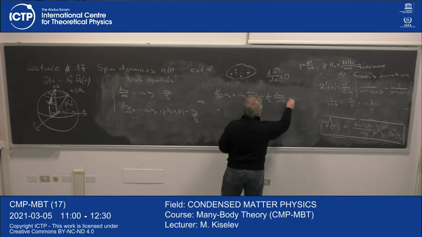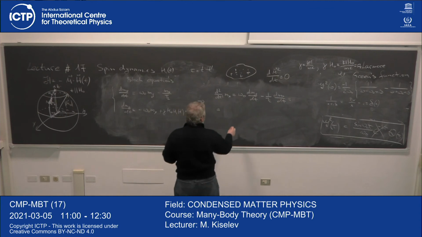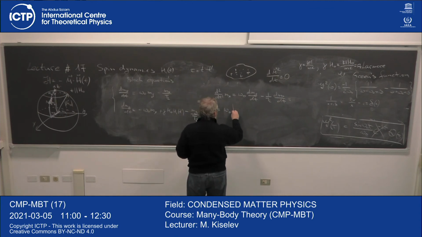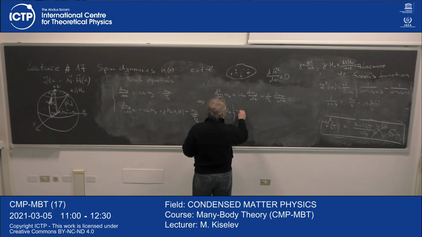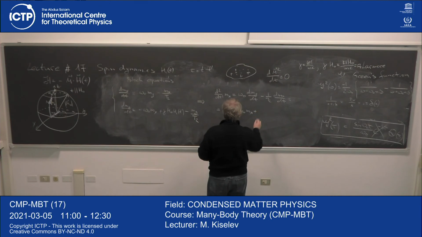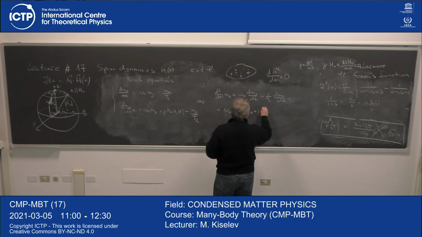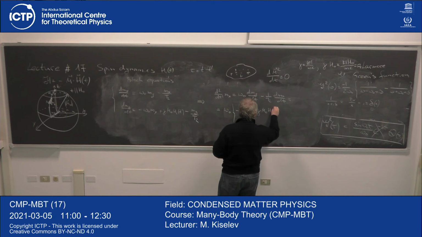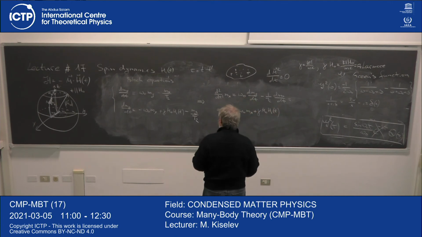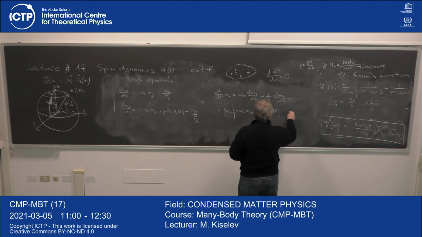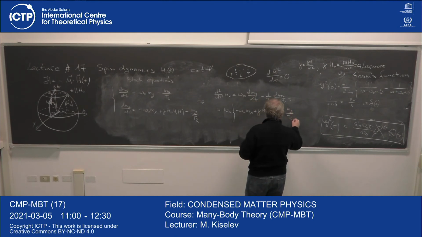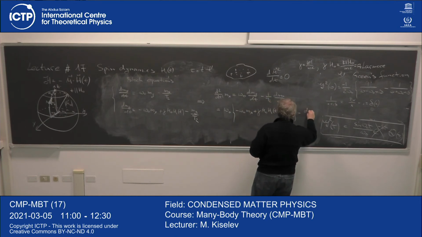Then it is equal to, from the second equation, I write it down as omega naught times minus omega naught mx plus gamma m naught hy(t) minus my over T2, I wrote this term, minus dmx over dt.